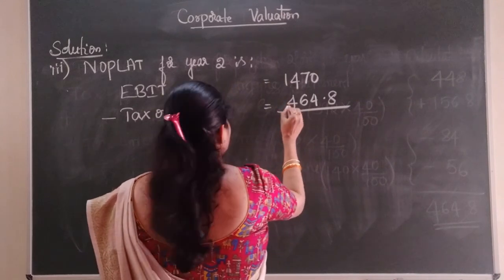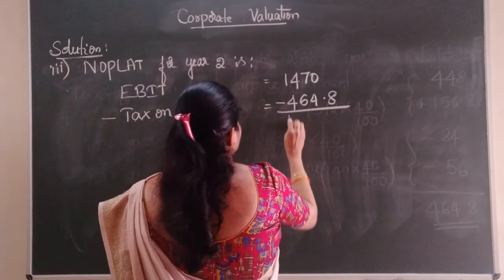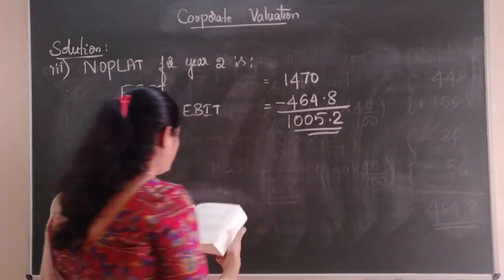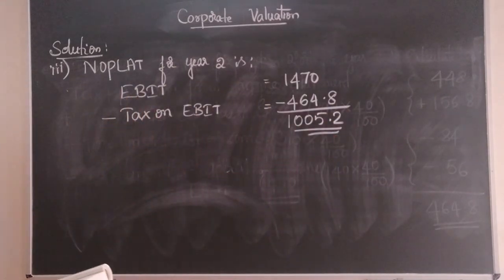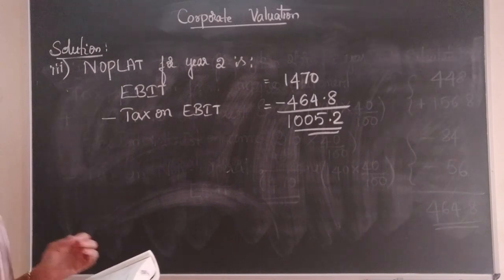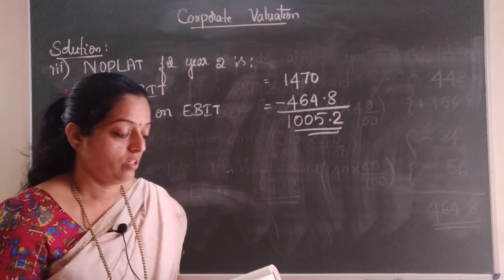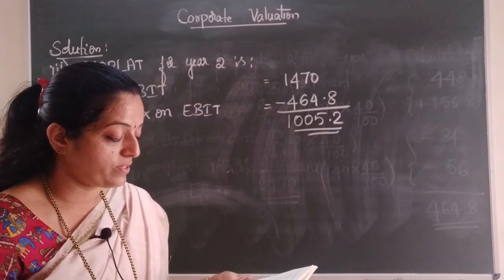So deduct that amount, and you will get 1005.2 as NOPLAT.